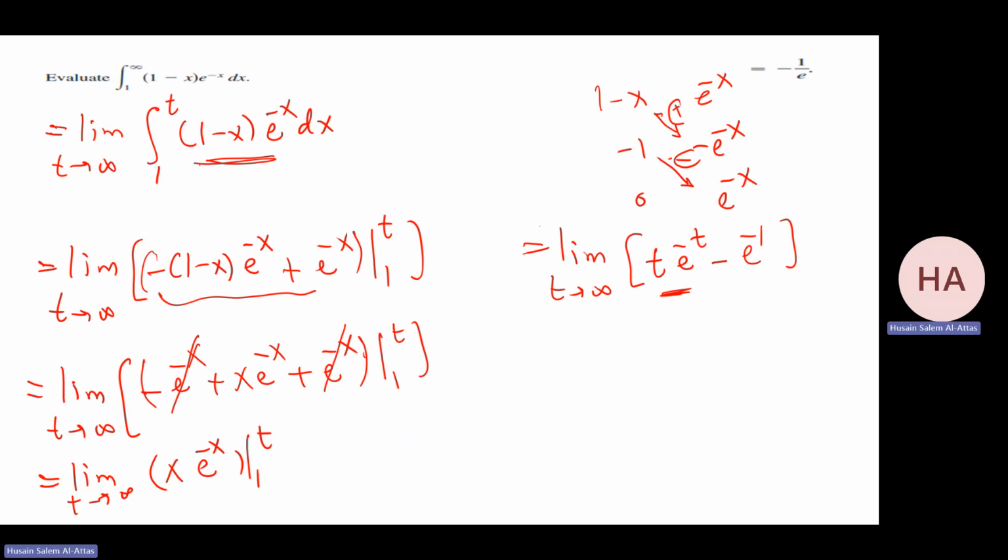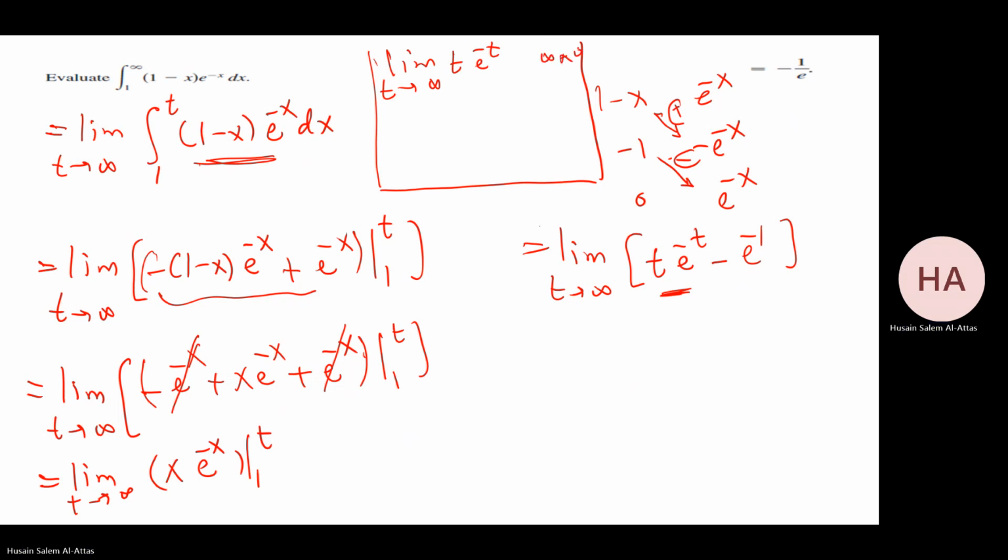So to do this limit, let me do it here. I need L'Hopital's rule. The limit as t goes to infinity of t e to the minus t. It will be infinity times 0. I need L'Hopital's rule here. So it will be the limit as t goes to infinity of t over e to the power t.